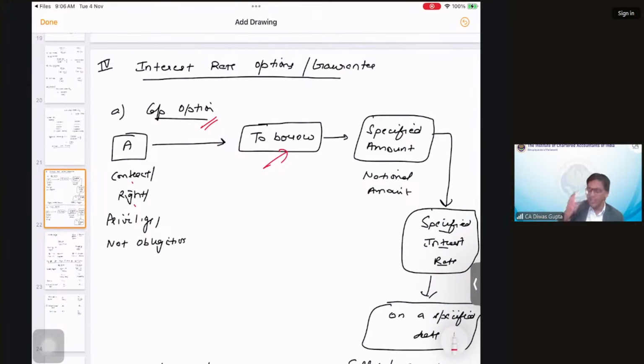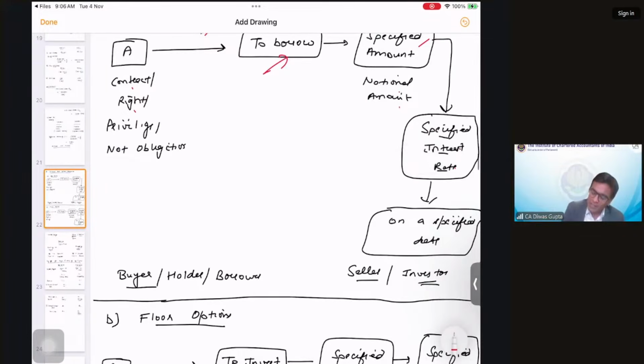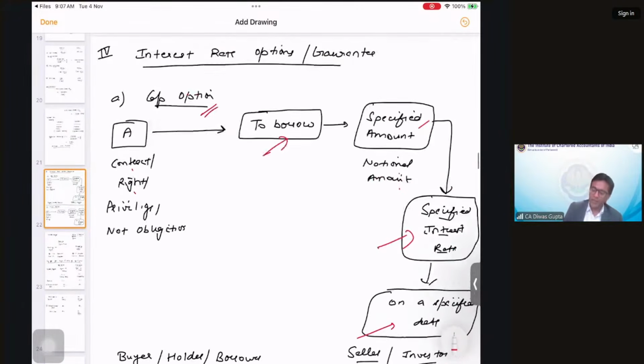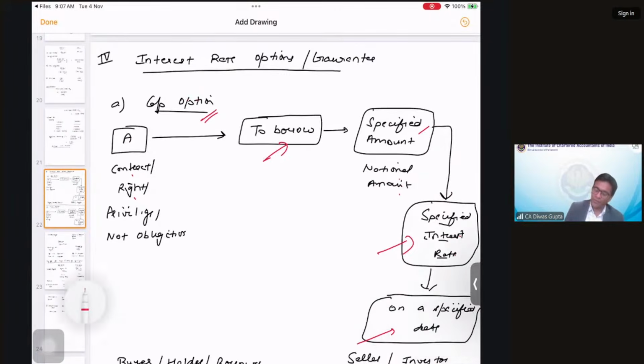To borrow a specified amount, which is a notional amount, at a specified interest rate on a specified date. Clear? So these are the terms of the option, wherein you have an option to borrow a specified amount at a specified rate on a specified date. These are the particulars of this.